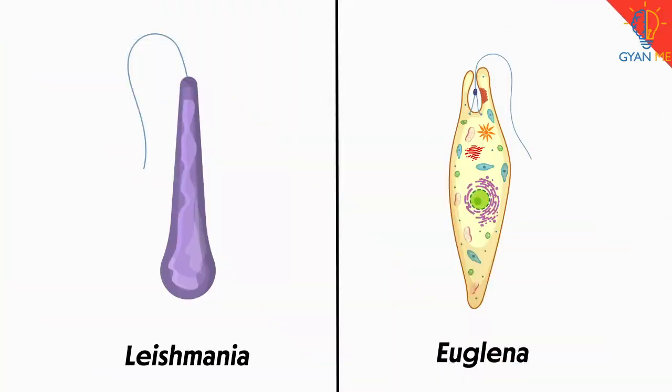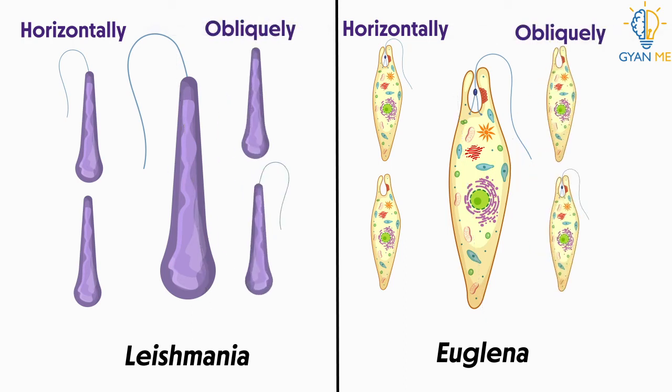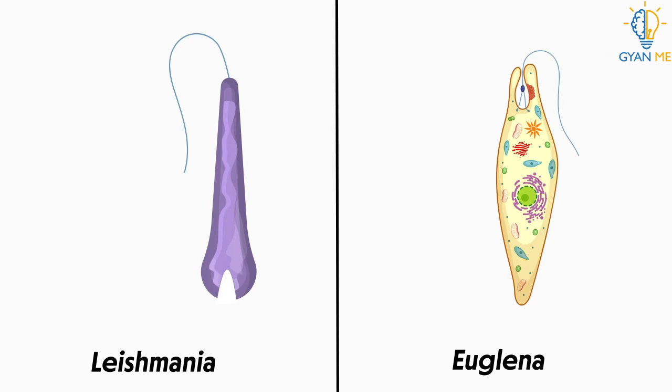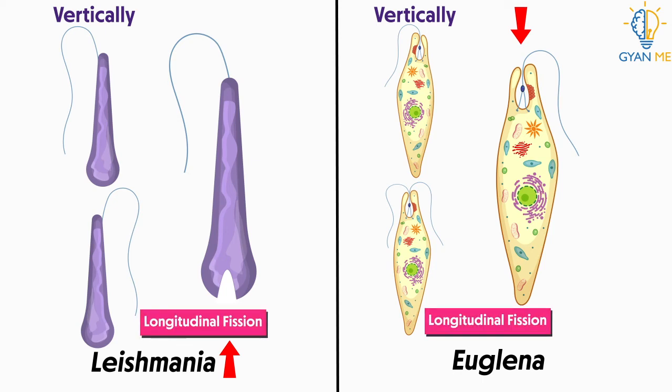It cannot happen like this horizontally or obliquely like this. Because in all these cases, only one daughter cell will get the flagellum, the other will not. But only if they divide vertically, both cells will get one flagellum each. Thus here, in such organisms, fission happens in the vertical plane and is so called longitudinal fission.